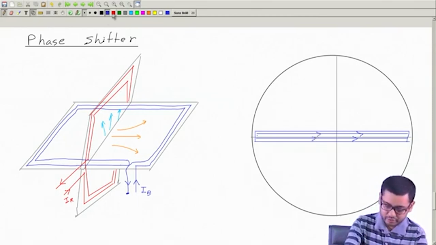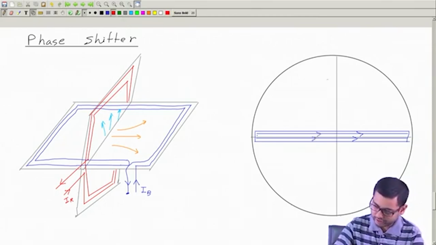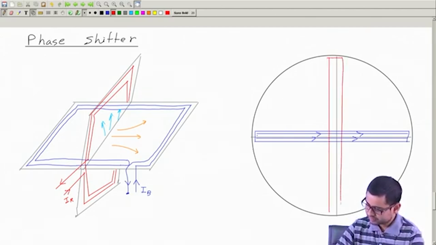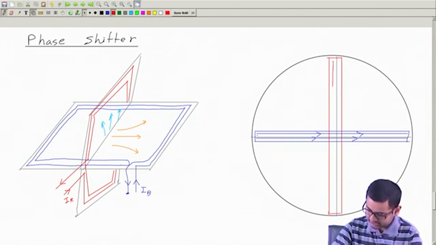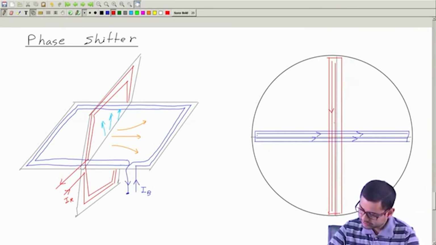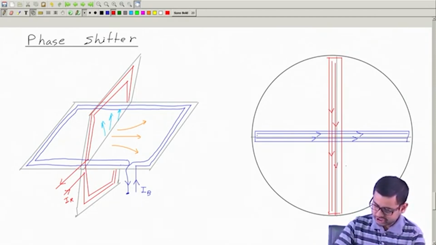Okay, and similarly we have this red one which we will see like this. And the turns or the coil sides are like this. And in the front side we have the current flowing downwards like this. Okay, and this creates flux lines.